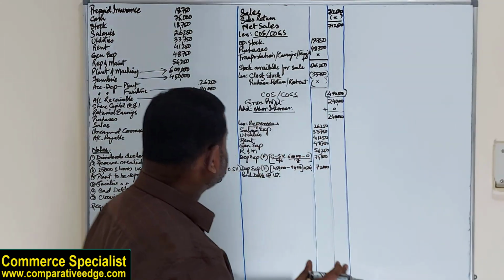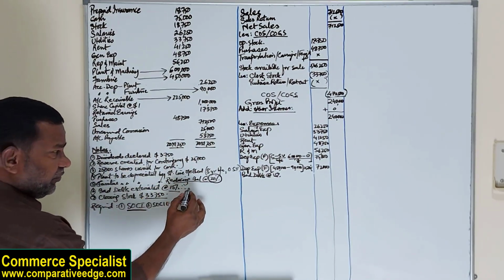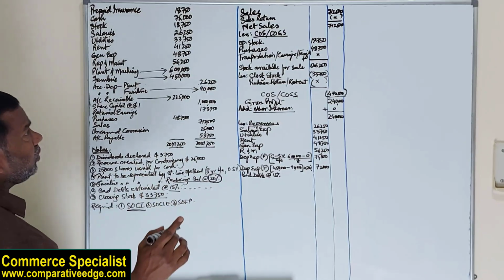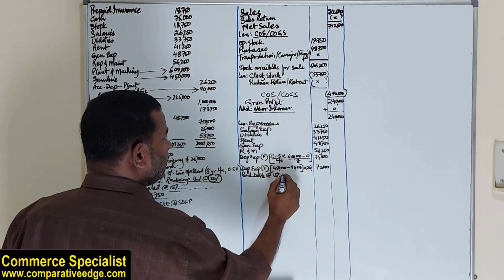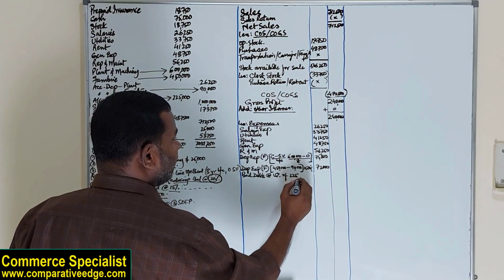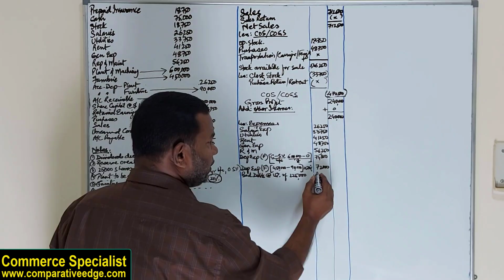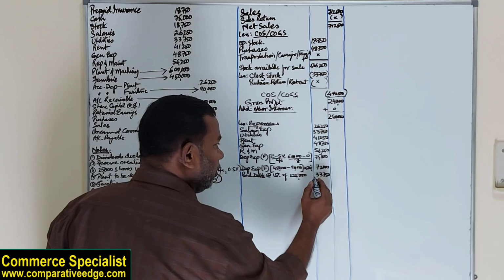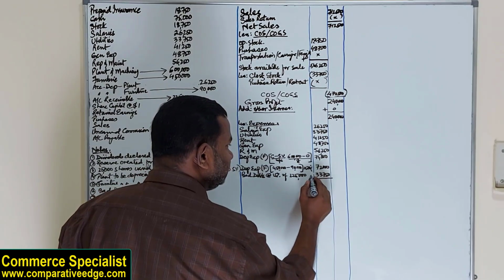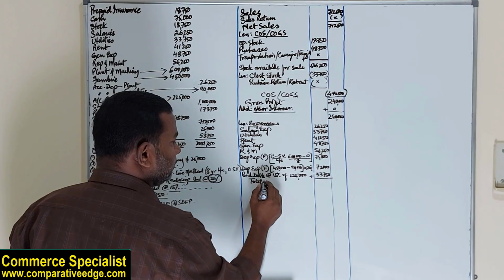So how much is it estimated this time? 15%. Nothing is written here about 15% on what, but you should know bad debts is always on receivables. So 15% of 225,000 will give you estimated bad debts for the year, which is 33,750. Now we will add all the expenses. We will get total operating expenses.